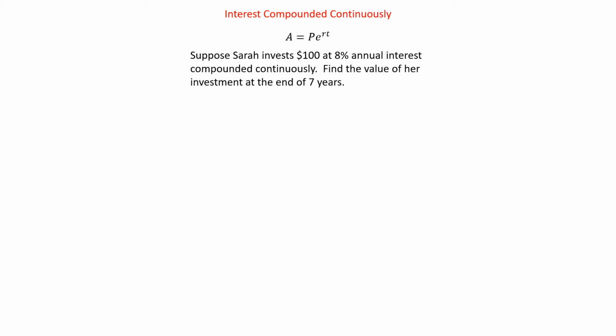So if we have an example, suppose Sarah invests $100 at 8% annual interest, compounded continuously. Find the value of her investment at the end of 7 years. So A equals our principal, 100, times e to the r t, where r is 0.08 times t, which is 7.